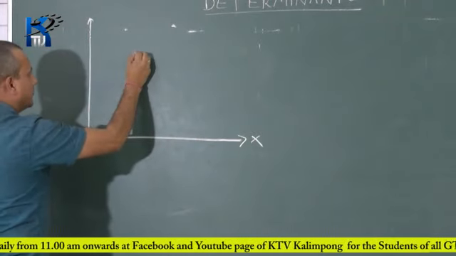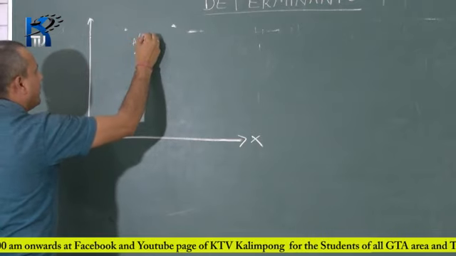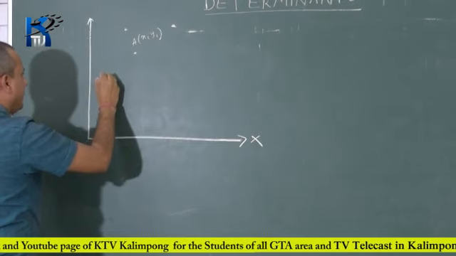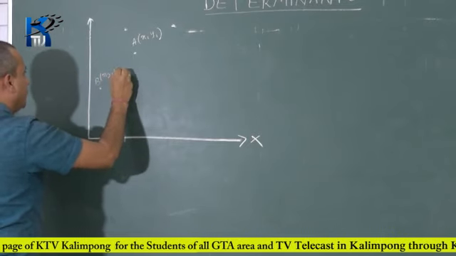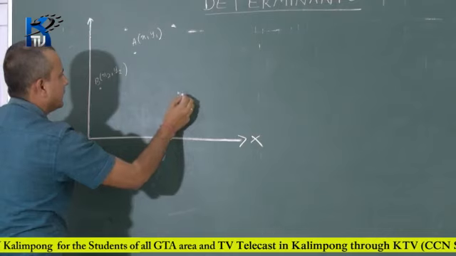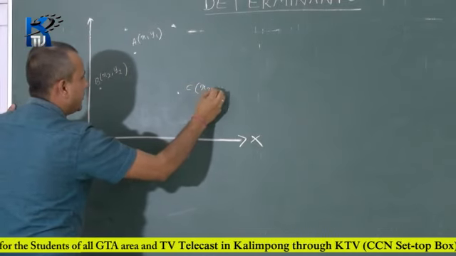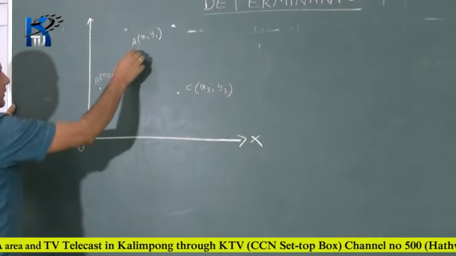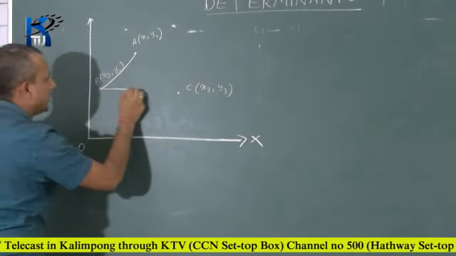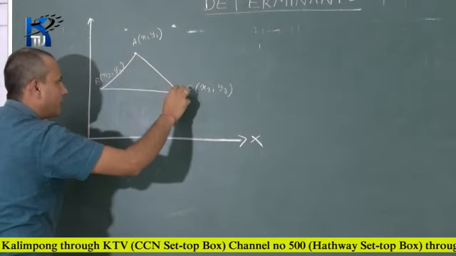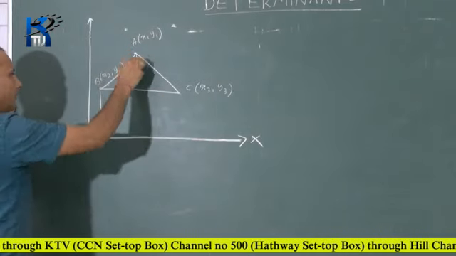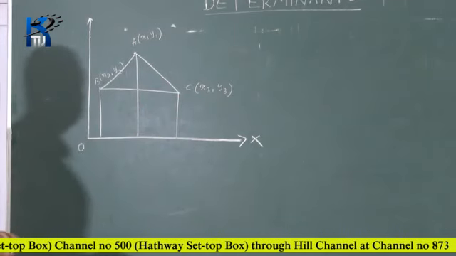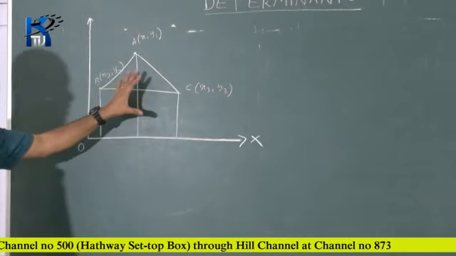Let us suppose there are 3 points A (x1, y1), B (x2, y2), and C (x3, y3). If you connect these 3 points, what you will get? This is the geometrical shape of a triangle, any triangle. With the help of a determinant, we can calculate the area of this triangle.